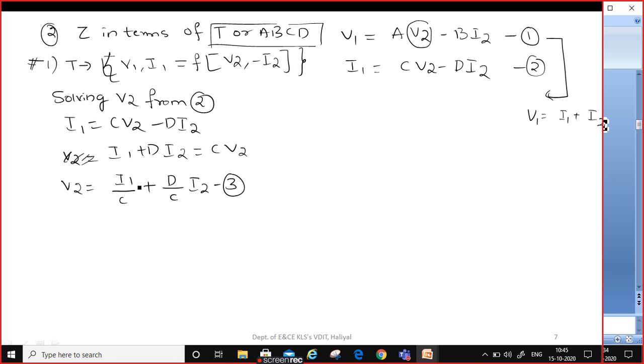Just observe here, are you getting the equation in terms of I1 and I2? That is important. We got one equation in terms of I1 and I2. The second equation is not completely in terms of I1 and I2, but we have found V2, so you can replace it.